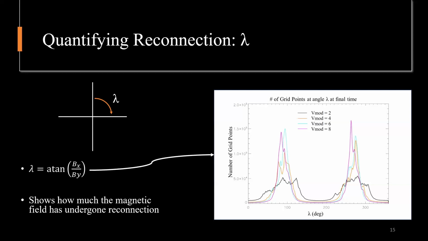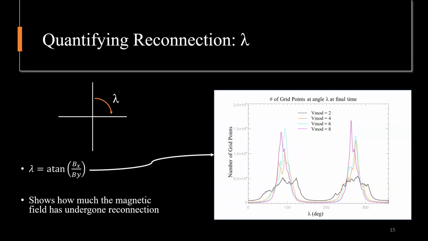A second thing that we looked at was essentially the net angle in the box of the magnetic field. So these are taken at the very end of each simulation. And again, I plotted the number of grid points on the y-axis. And what happens throughout reconnection is that the magnetic fields start changing, and then the angles start becoming more randomized compared to these peaks that you see on screen here.